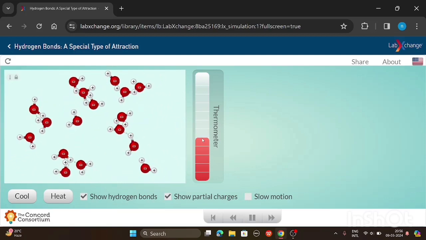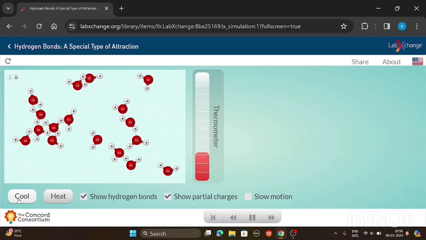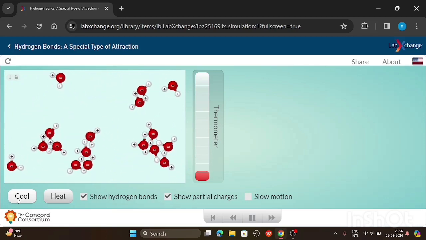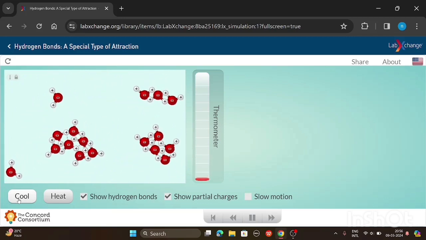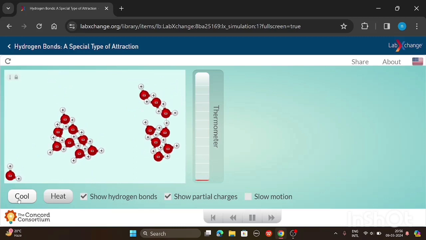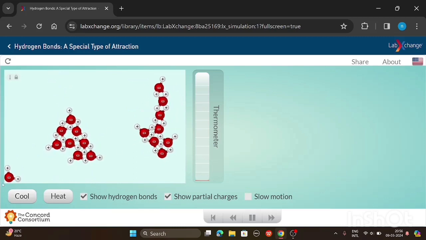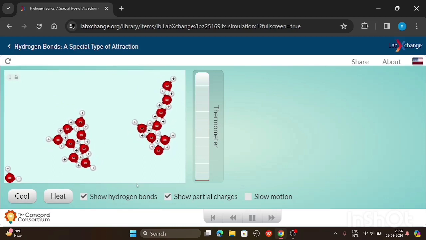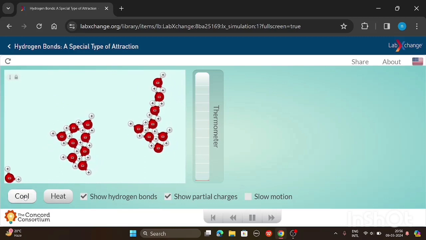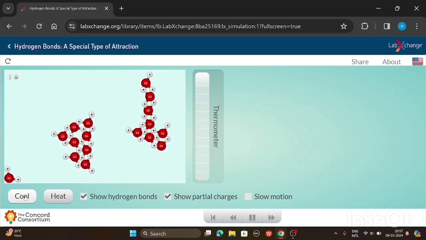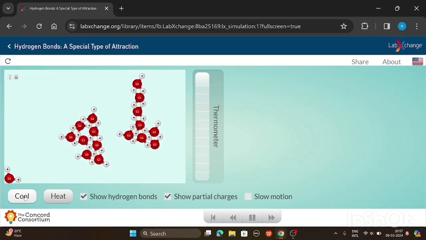We can see that if we cool it down, if we refrigerate it, if we make ice, then what happens? We have reduced the temperature, and now we can see that the water molecules, due to hydrogen bonding, are coming to each other, attracting each other. We can cool it more, and then they will form associations.